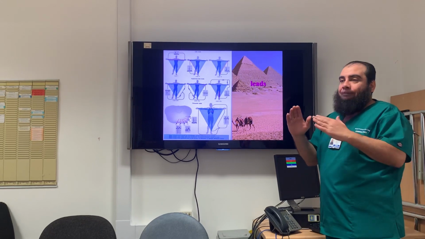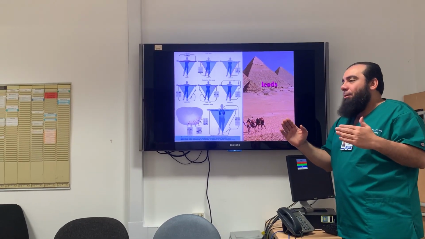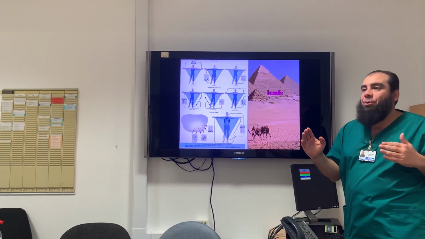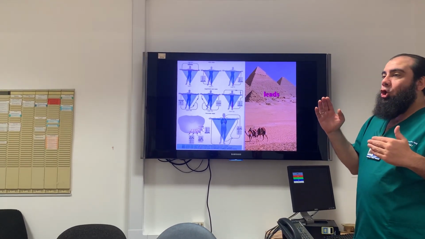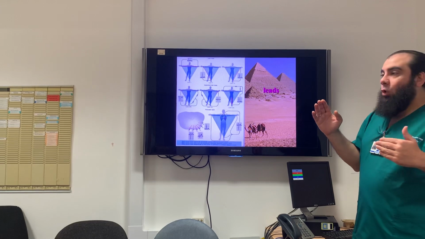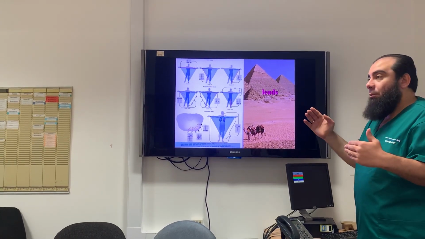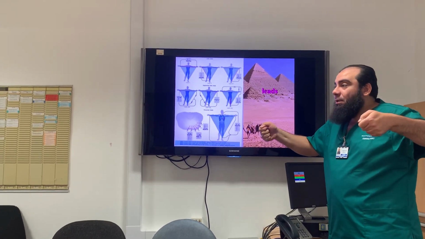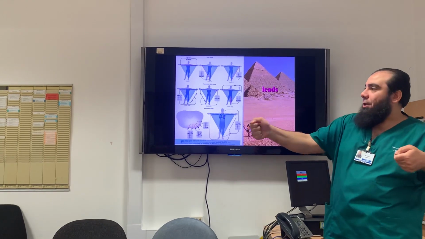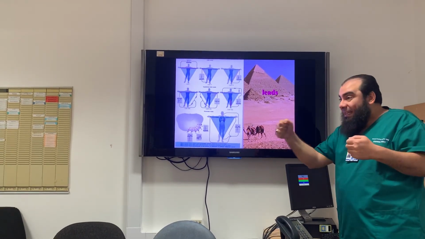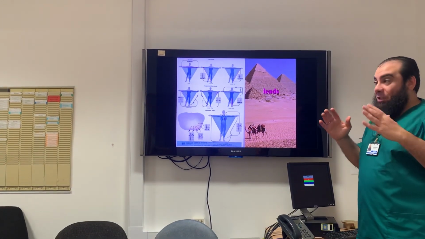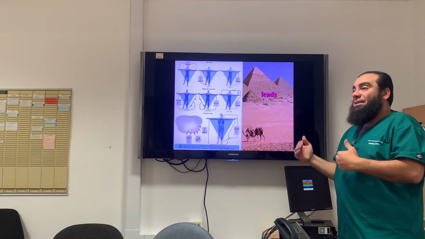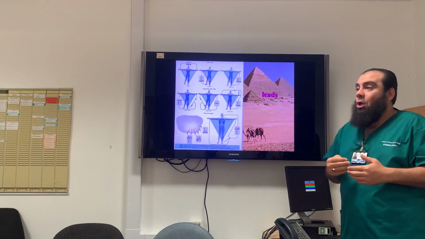Leads. All of us, I believe, know about the ECG machine itself and how many leads we have. How many leads? 12 leads ECG. But how many leads does the machine have? 10. That's right. This is the difference between the leads of the machine and the leads we have here. So it's a 12-lead ECG, but 10 leads on the machine.